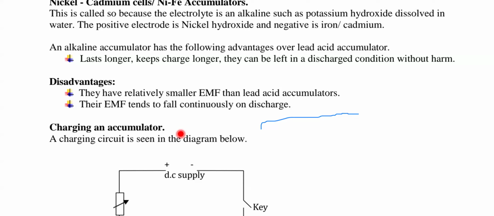Because the EMF is very small, during discharging it falls rapidly and continuously. Those are the characteristics of the alkaline accumulators that we have at this point.